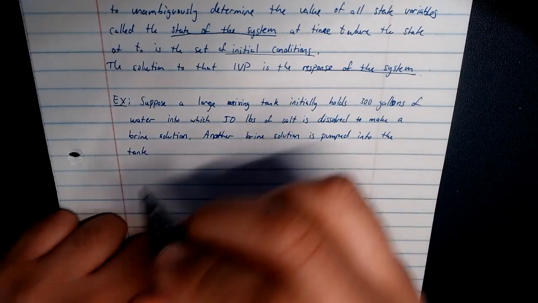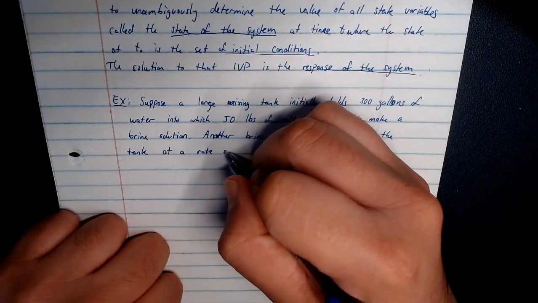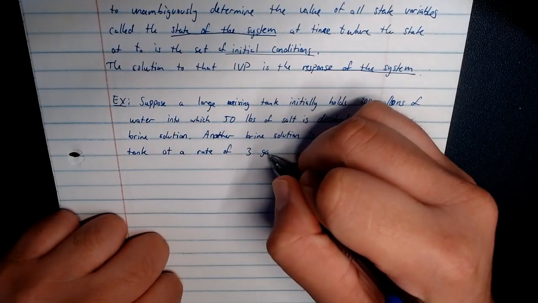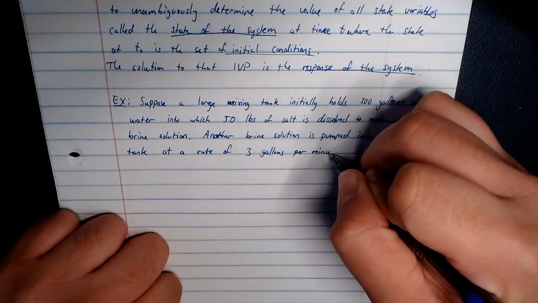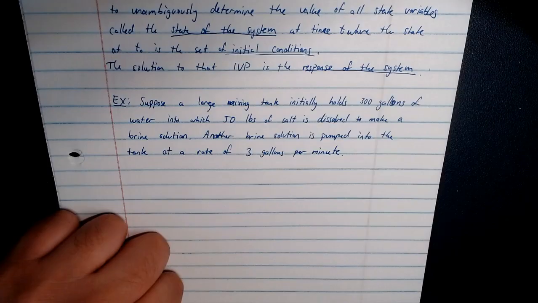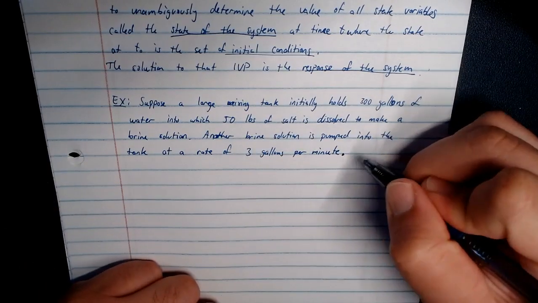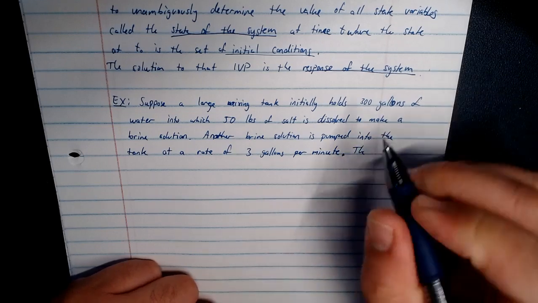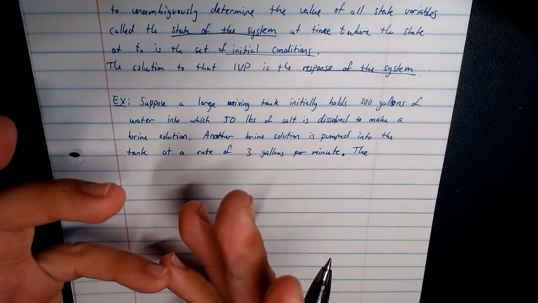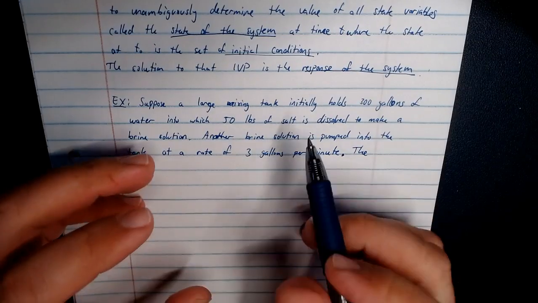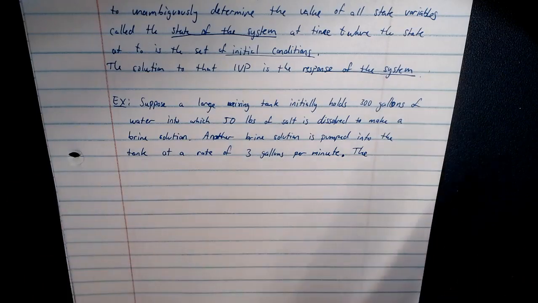At a rate of 3 gallons per minute. The solution is well stirred. When they say the solution is well stirred, all that means is that everything is uniformly distributed. There's not going to be any pockets of salt where all the salt's on the bottom, so we have to consider that. Well stirred just means everything is uniformly distributed.